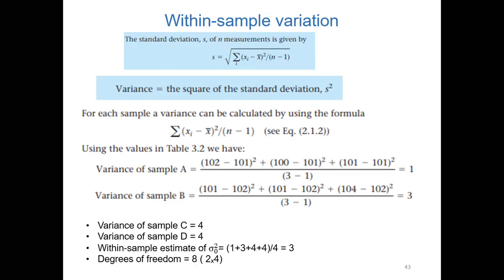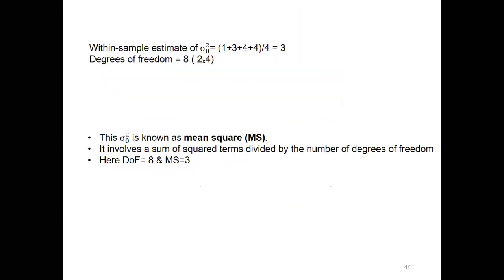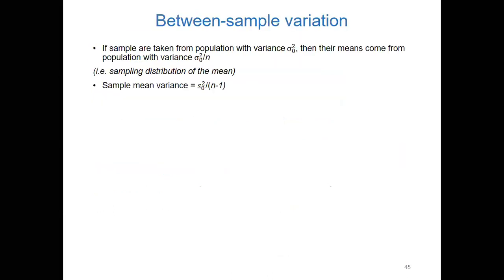Using the within sample variation, we got sigma squared as 3, and there are 4 means, and each one has 2 degrees of freedom because there are 3 replicates. So 3 minus 1 equals 2, and there are 4 conditions. We multiply 2 by 4 and get 8 as the degrees of freedom. Then we calculate the between sample variation.